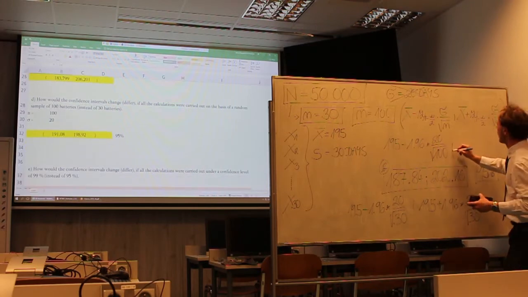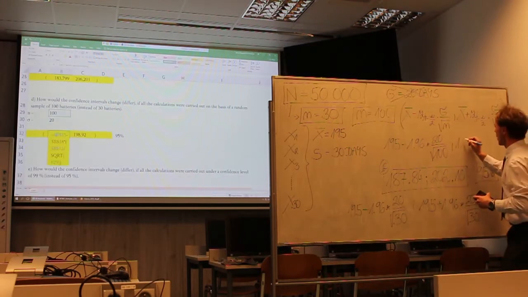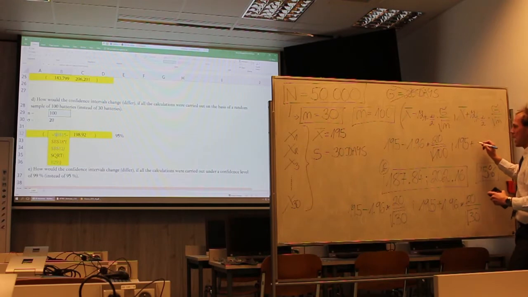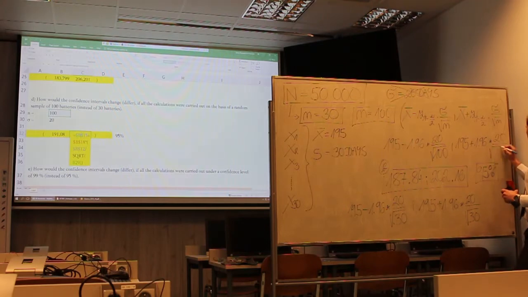Larger sample. And on the right side, 195 plus 1.96 times 20 divided by square root of 100.